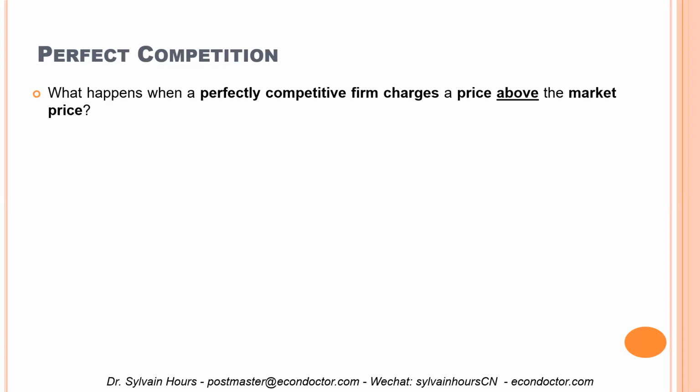You know how this works. You have the market supply and the market demand that will determine the market price. Let's say it's $10. And then you have these many small individual firms, and they have to decide what price they charge. Because we say that they are price takers, but they can actually charge whatever price they want. I will explain the difference.